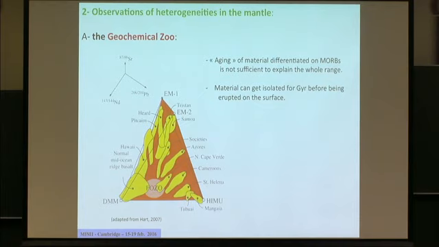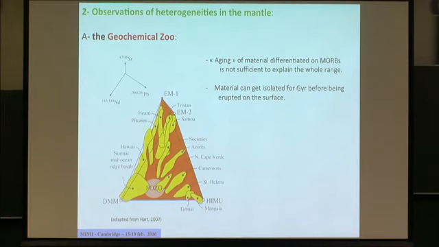So Dan told us on Monday that even if you consider the aging of material that has been once differentiated at the mid-ocean ridge, it's not sufficient to explain the whole range of the observation.